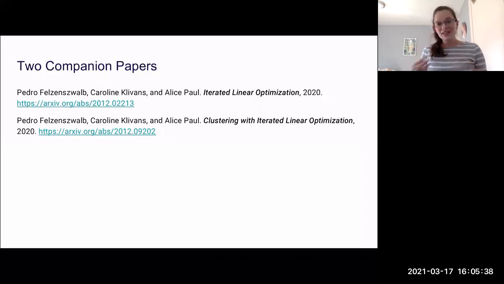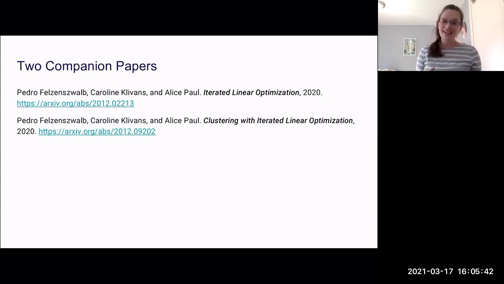As you can tell from our backgrounds, we have engineering, computer science, data science, and applied math. That was the fun thing about working on this project: we have clustering coming from data science, linear optimization, thinking about applied math, and then we also have semidefinite programming, coming from a theoretical computer science background.